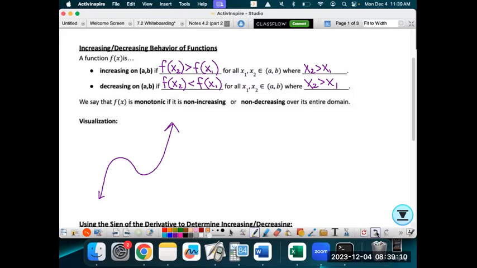So this graph is increasing in this section, decreasing in this section, and then increasing after that. So basically my later outputs are going to be bigger in the increasing section.